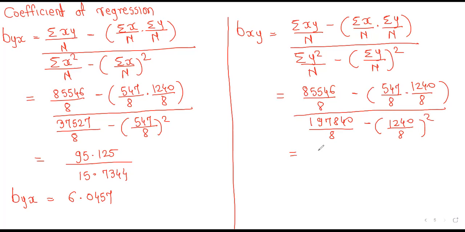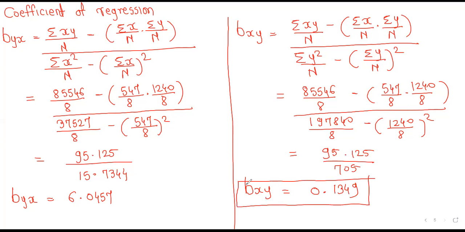After simplifying, we get 95.125 divided by 705. So the value of coefficient of regression bxy is equal to 0.1349.